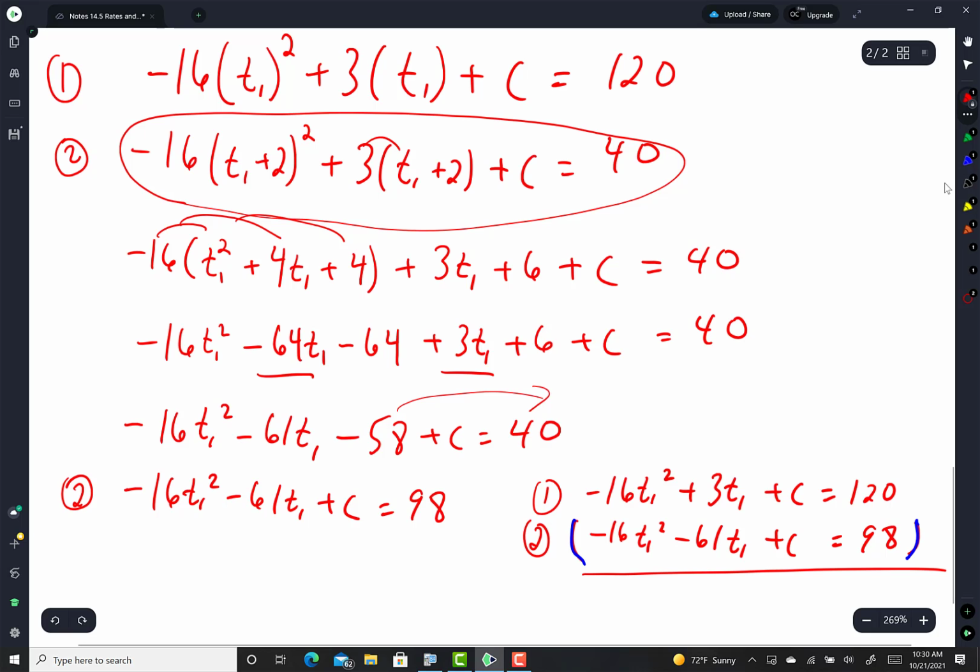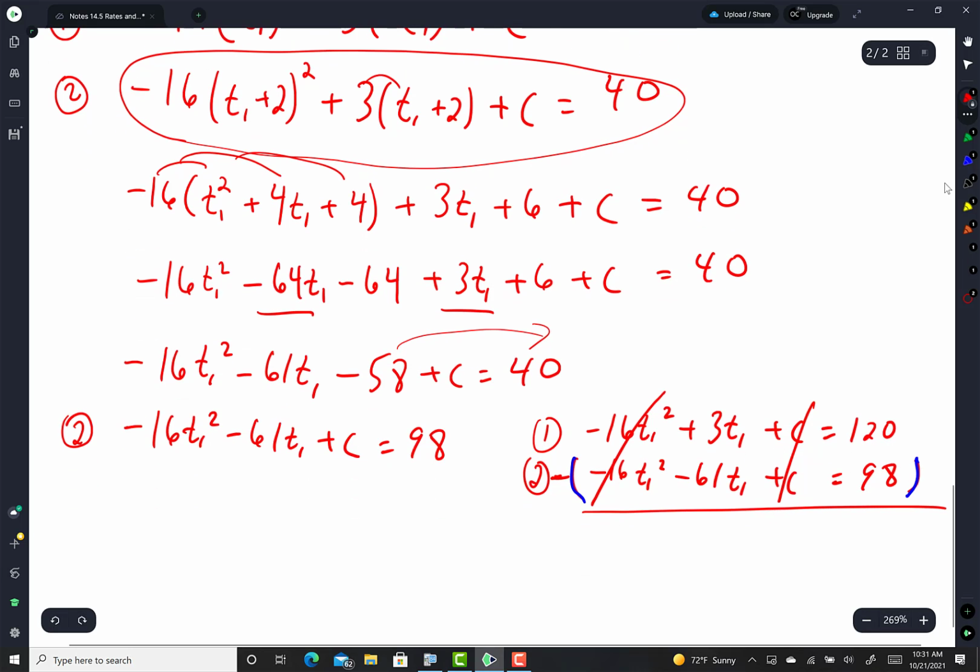I know that if I subtract these, I get rid of that squared and I get rid of that C, which for momentarily will be fine. So if I subtract, these will cancel out, this will cancel out. And what's the difference? 3 plus negative 61, what's that? Negative, oh no, plus, because I'm subtracting and adding, right?